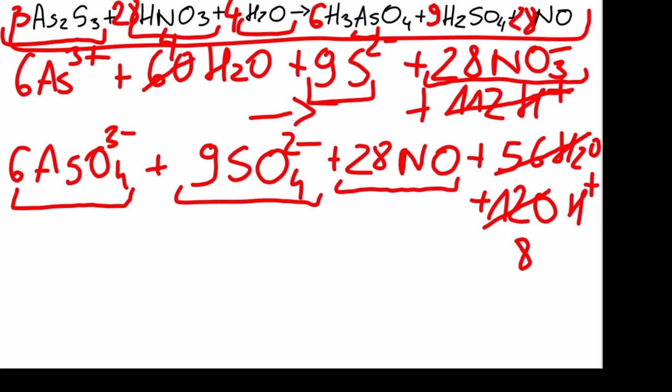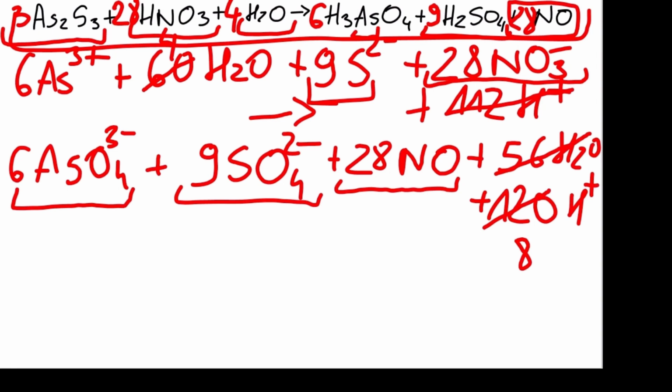On the left side we have 9 atoms of sulfur. On the right side we have 9 atoms of sulfur in 9 particles of sulfuric acid. On the left side we have 28 atoms of nitrogen. On the right side also we have 28 atoms of nitrogen.